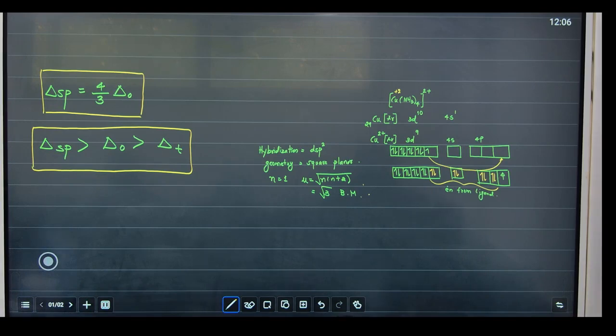That's it. We also have to do some numericals based on CFT. But CFT will complete isomerism, and then probably an hour we'll just do questions on isomerism and on CFT. This is square planar and octahedral, and this is the general trend. तो ये भी आप कॉपी करके रखो.